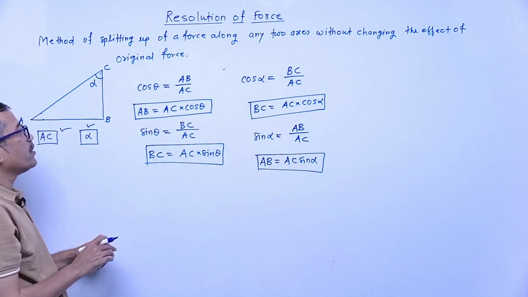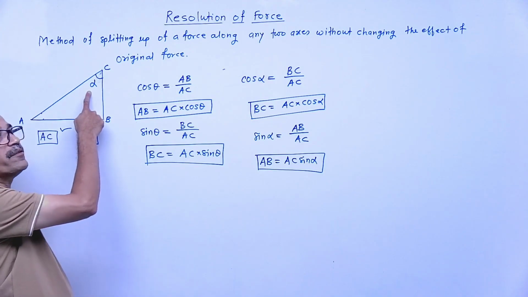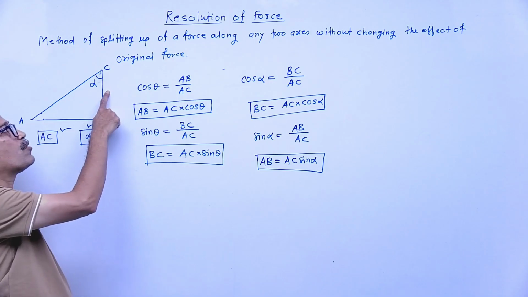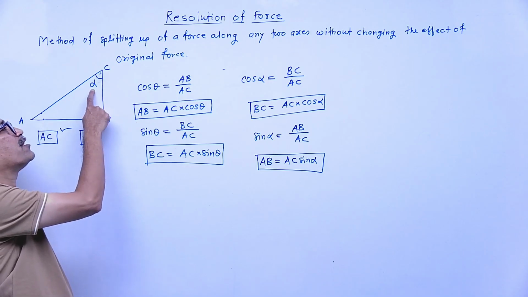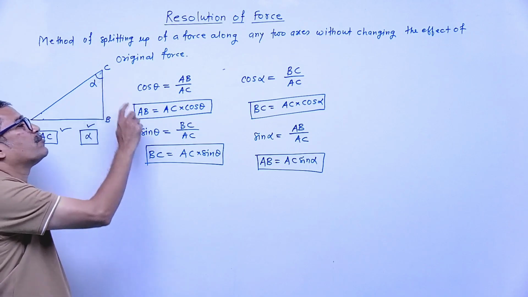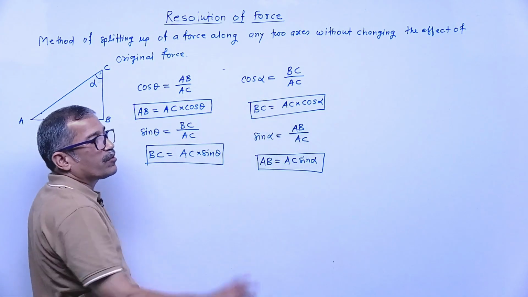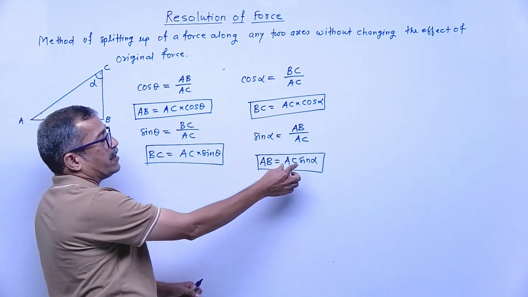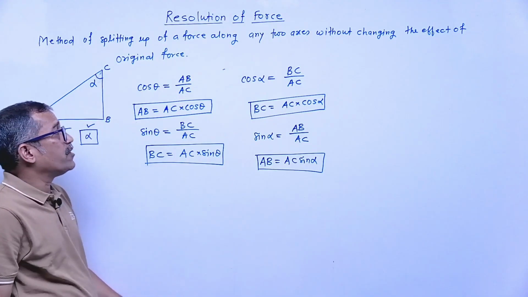See, what is important? Whenever an angle is given, the adjacent side is hypotenuse into cos of that angle. Here alpha is with the vertical, so the adjacent side BC is AC into cos alpha, and the opposite side AB is hypotenuse into sin of that angle.